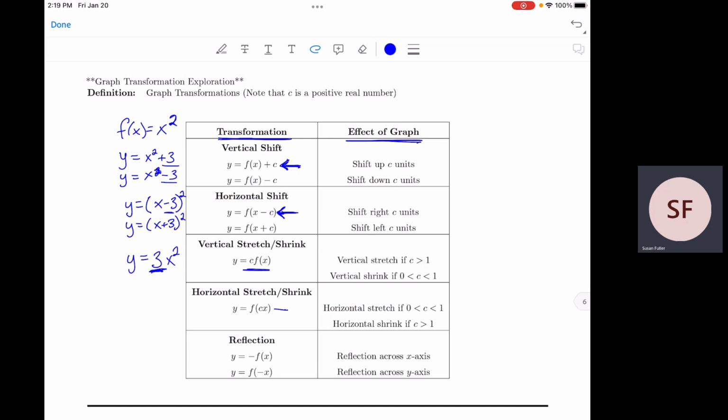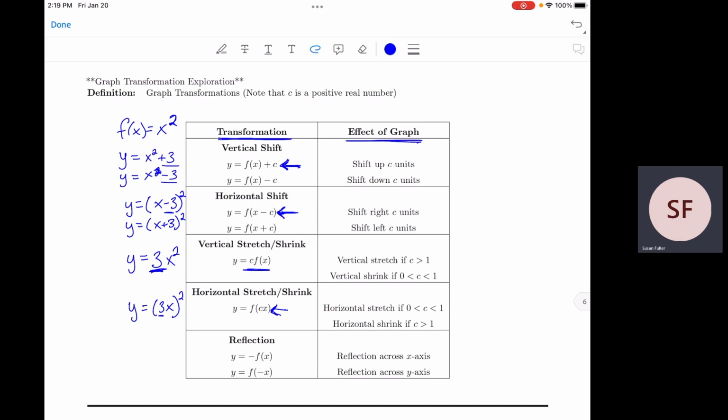A horizontal stretch or shrink would look like multiplying inside with x. Again, because my structure here is a second power, it would be multiplying underneath that exponent with x. So both the 3 and the x would be squared here. This would give us horizontal stretching or shrinking.